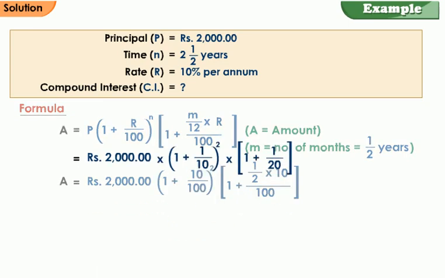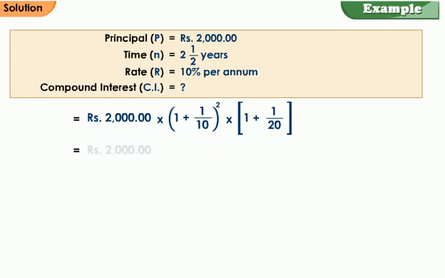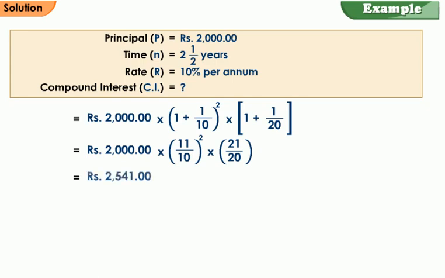That is equal to rupees 2541. Therefore, the interest is given to be A minus P, that is amount minus principal. So we write rupees 2541 minus rupees 2000 gives us rupees 541.